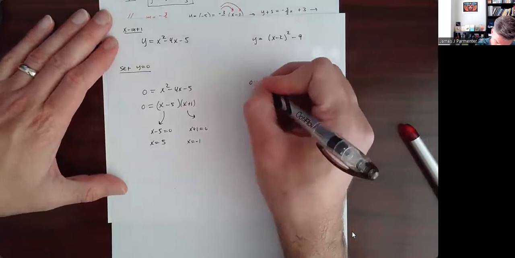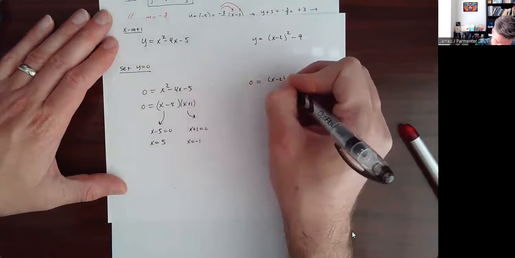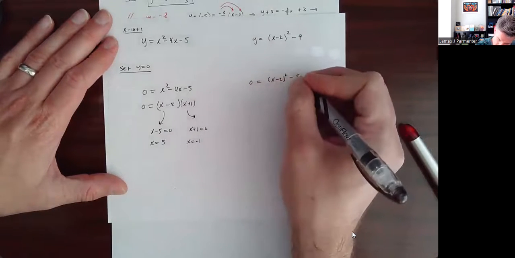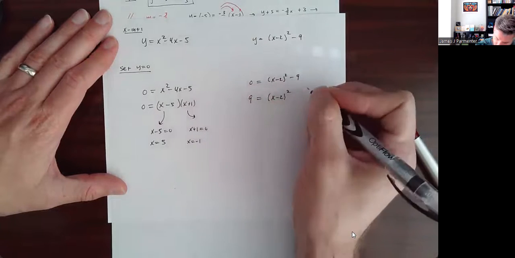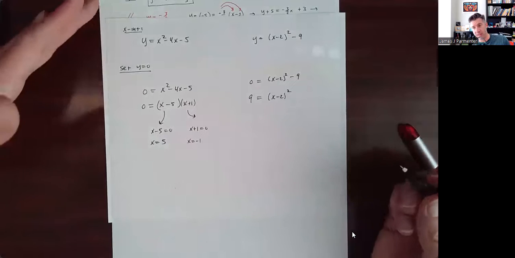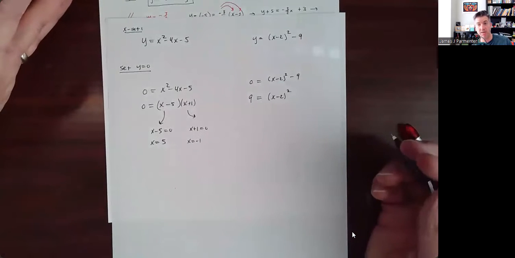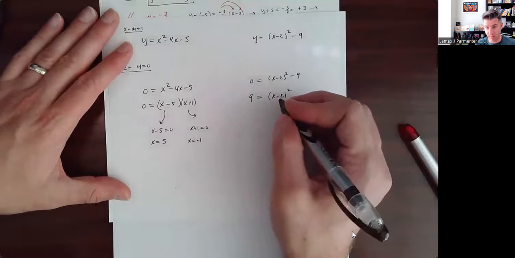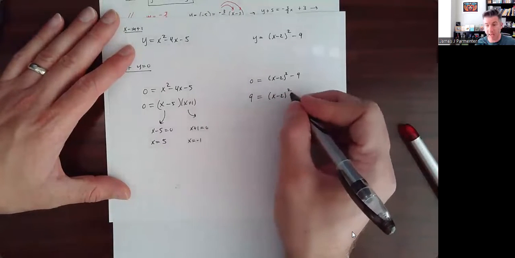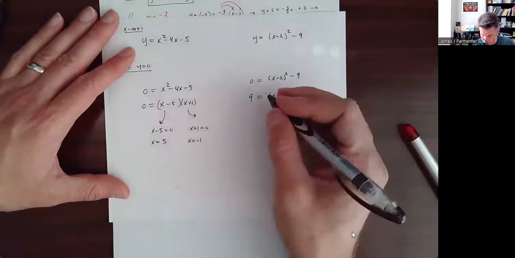But the actual idea is that we can add 9 over here. And then when something squared is equal to 9, the something is either plus or minus the square root of 9. Because if x minus 2 is 3, 3 squared is 9. If x minus 2 is -3, -3 squared is still positive 9.